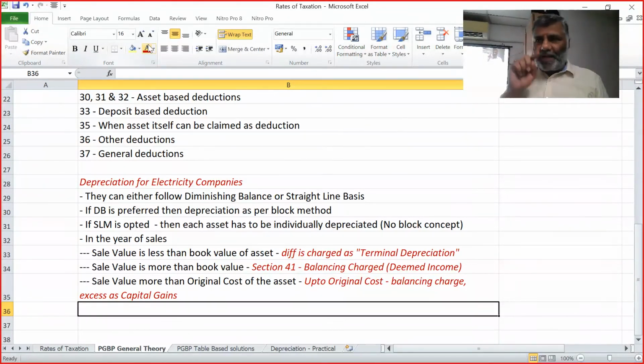We'll see this concept in scientific research and other things, and you will be more clear. I have never seen a question on this, but just as a concept, keep it. As I told you, even for electricity companies, the written down or diminishing balance method is the better method to follow.